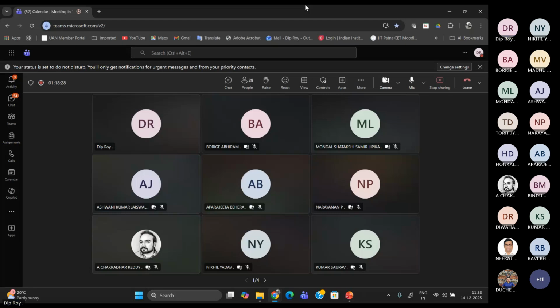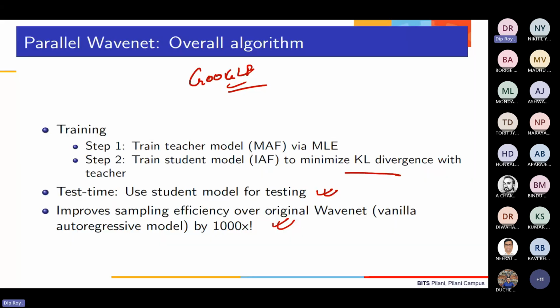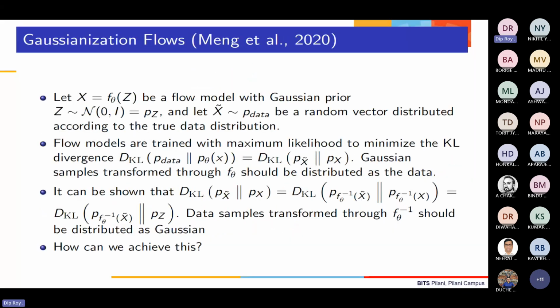So we have made good progress. The last topic that I'm going to cover today, and then we'll end this lecture after taking any questions, is something called Gaussianization flows.